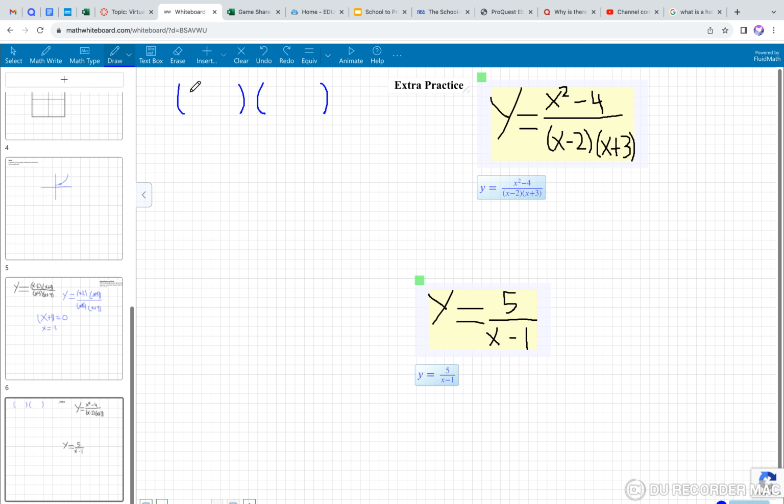What I like to do when I factor quadratics is put x here, and then there's a negative, so there has to be a plus and a minus. Now it's 4, so factors of 4, we have 1 and 4.